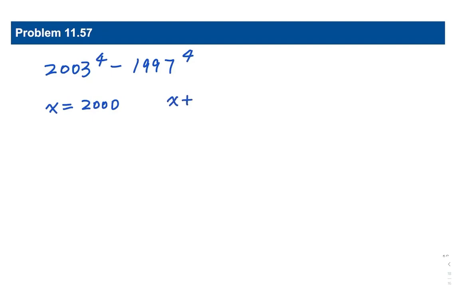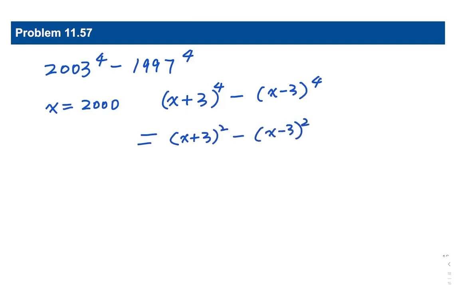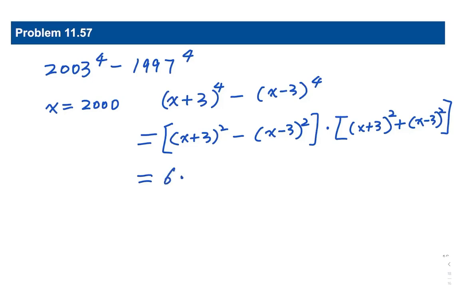Then this is x plus 3 to a power 4 minus x minus 3 to a power 4, which is x plus 3 squared minus x minus 3 squared times x plus 3 squared plus x minus 3 squared. Using difference of squares again, we get 6 times 2x times 2 times x squared plus 9.